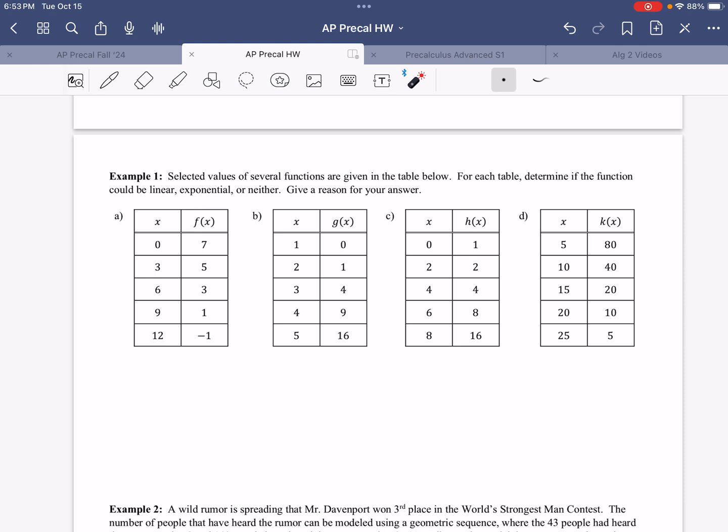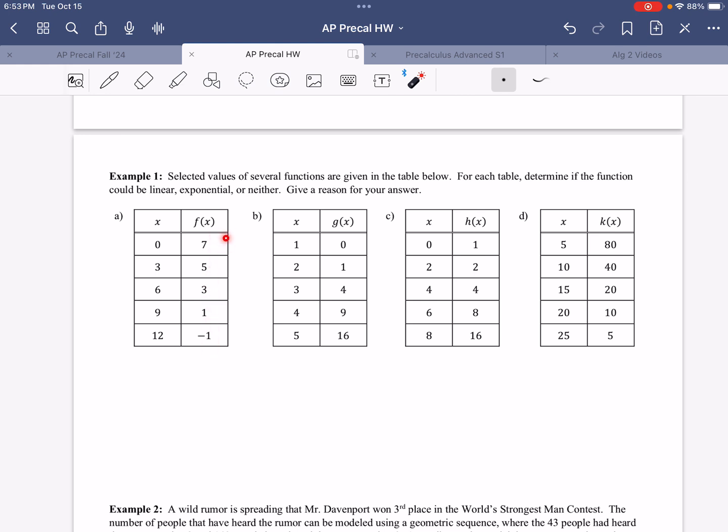The first thing I'm going to check for is whether we have equal length input value intervals. Look at your x's and make sure I'm not trying to trick you by giving you unequal intervals. A quick scan of the x's tells me it's changing by 3, by 3, by 3, by 3. Great.